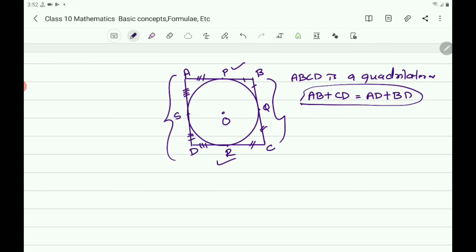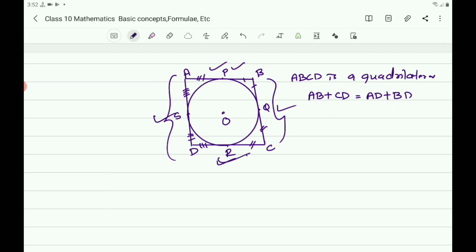Here proof is not required, but this is one of the concepts you keep in your mind while solving the MCQ in your question paper. Here, if the sum of these two sides is given, the sum of the other two sides is also the same. The sum of the opposite sides are equal here.